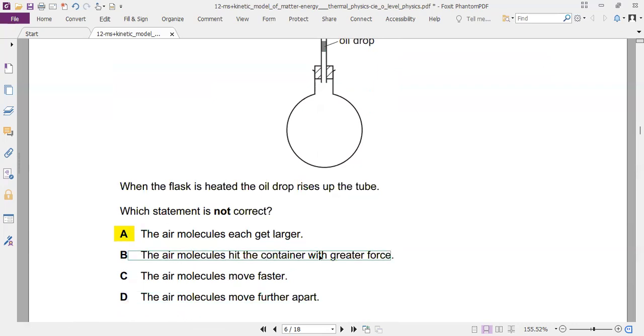The air molecules hit the container with greater force? No. The air molecules move faster? No. The air molecules move further apart? No. They're all correct. So only this one is wrong. The molecules get larger. That is not possible.